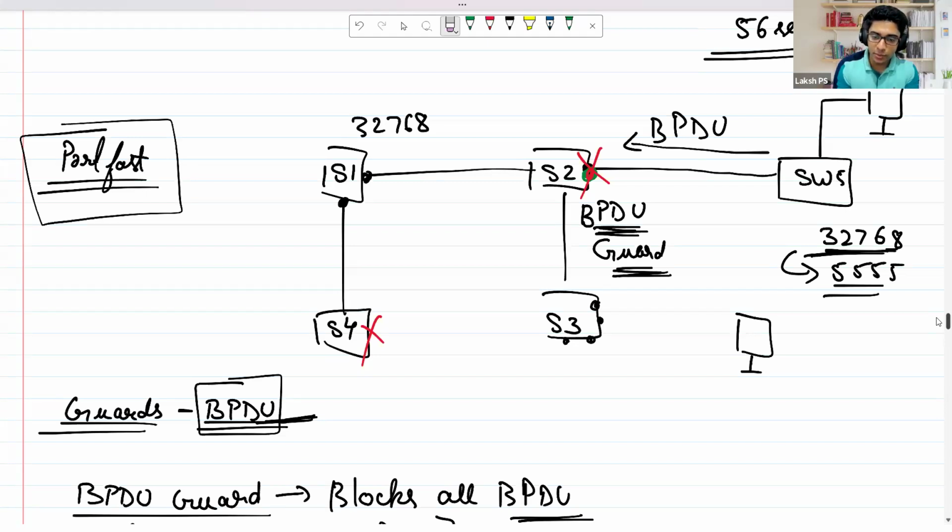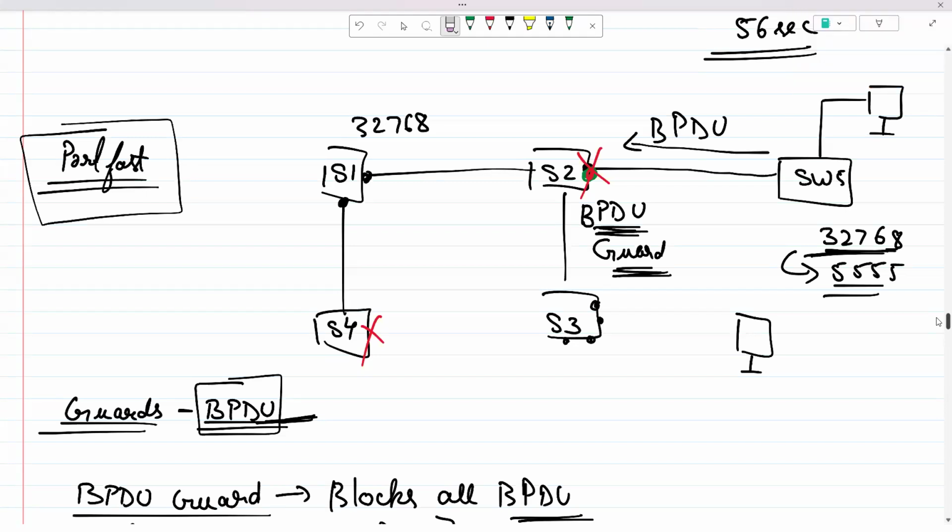Even if you change the mode to per VLAN spanning tree, it works. The convergence time is still less, just like rapid spanning tree. Any other question? Anyone?